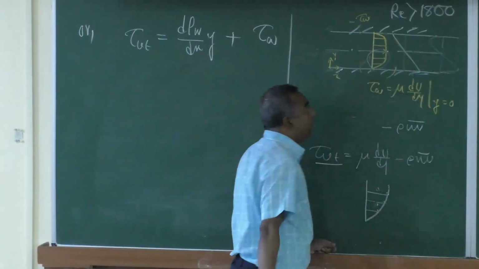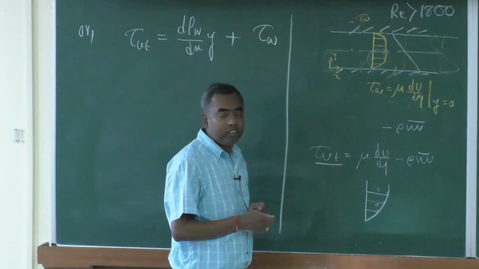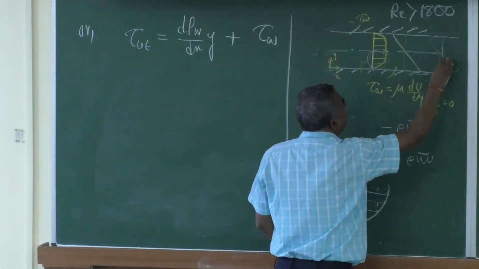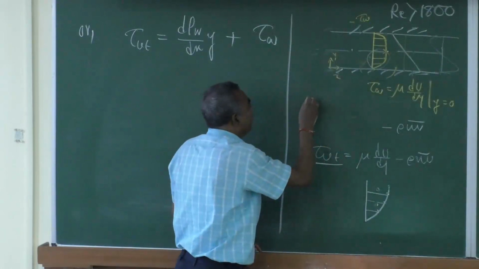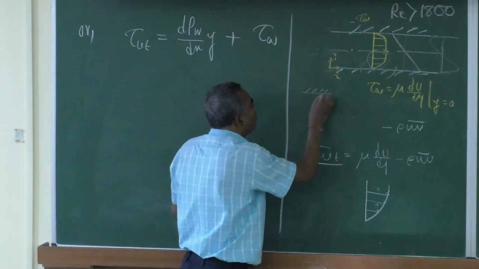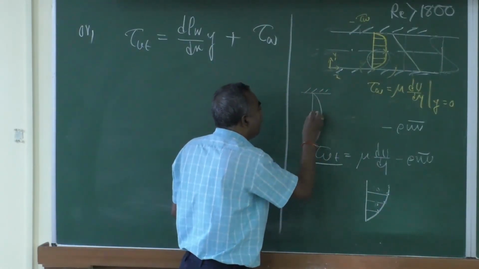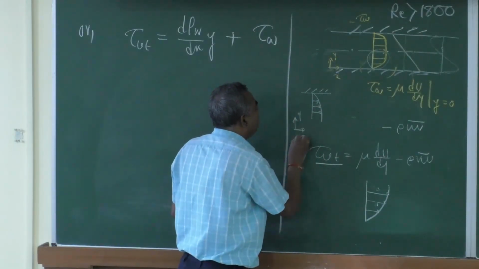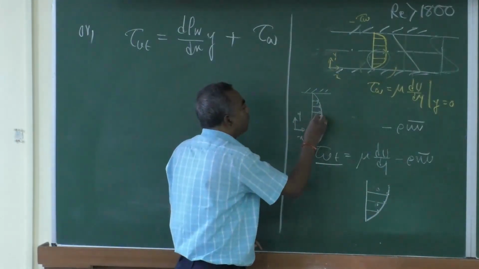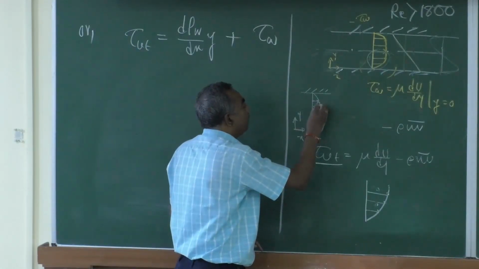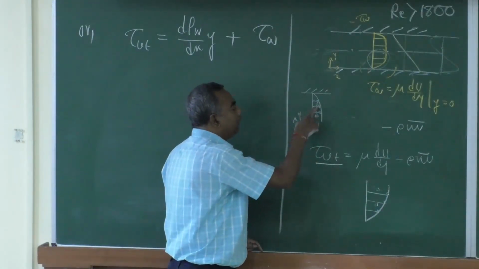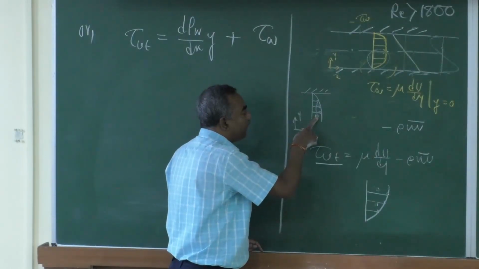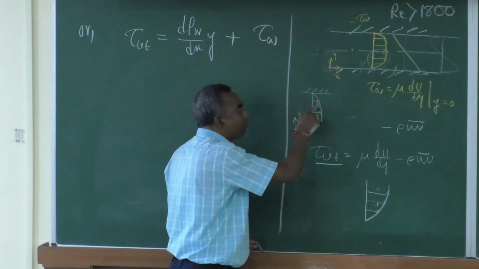Why is it negative on the other side? That is all because of this particular portion. Consider this portion. This is your wall. This is your velocity profile. And y is positive in this direction, x is positive in this direction. So your fluid particle is going from here to here. It is trying to increase the momentum at this location, because the fluid particle is going from the high momentum zone to the low momentum zone.